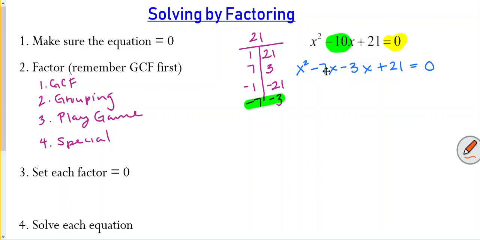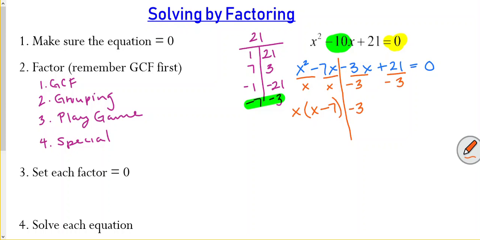So the factoring steps have not changed. Now that I have 4 terms, split it in half, look at the GCF of the first 2, which in this case is x. So x goes outside, and I'm left with x minus 7. The second group, I see the first term is negative, so I know I have to take a negative GCF, and in this case it's -3.